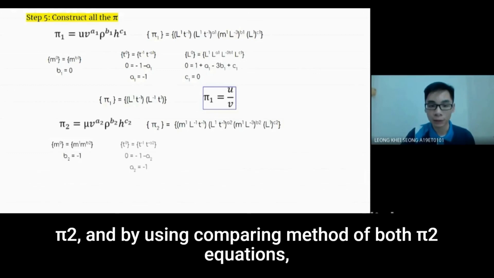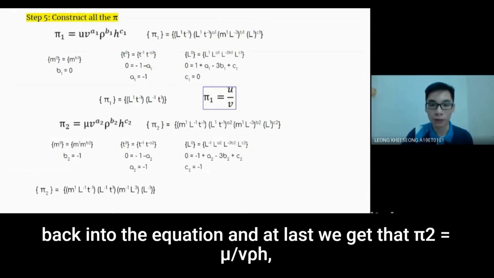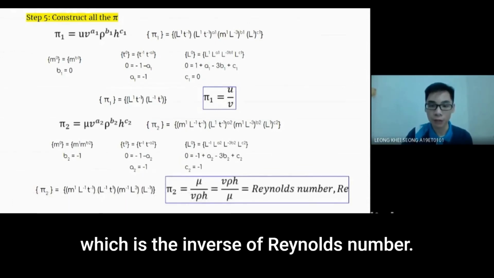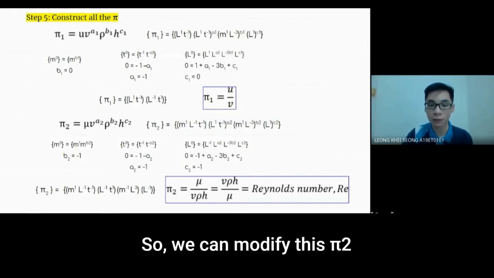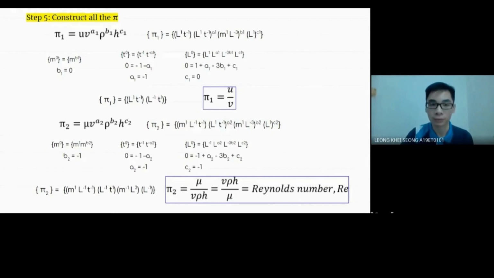And by using the comparison method on both sides of the pi 2 equation, we get all the values of the unknowns, and we substitute back into the equation, and at last we get that pi 2 equals mu over V rho h, which is the inverse of Reynolds number. So we can modify this pi 2 into V rho h over mu, and at last we get that pi 2 equals Reynolds number.